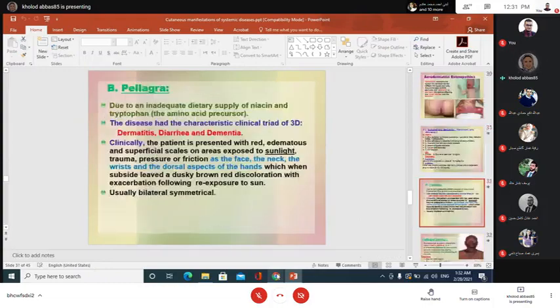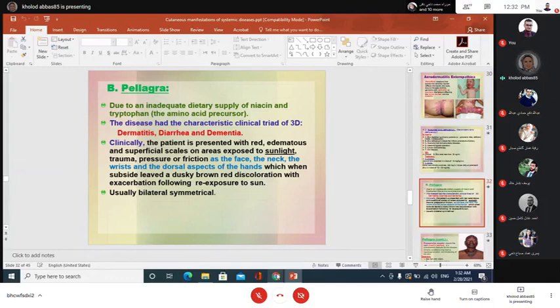البلاغرا اللي هو النياسين deficiency due to inadequate dietary supply of niacin or its precursors because tryptophan اللي هي الprecursors مال النياسين. Presented with diarrhea, dermatitis with dementia. Clinically have as a burn-like effect, chronic sunburn. هاي البيكتشر مالها.